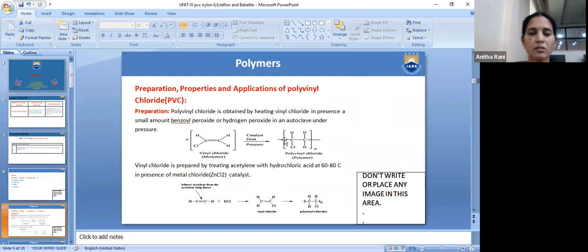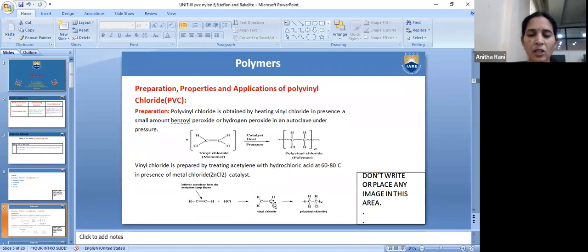Before that, we prepare vinyl chloride by taking acetylene with hydrochloric acid at 60 to 80 degrees centigrade in the presence of a zinc chloride metal chloride catalyst.